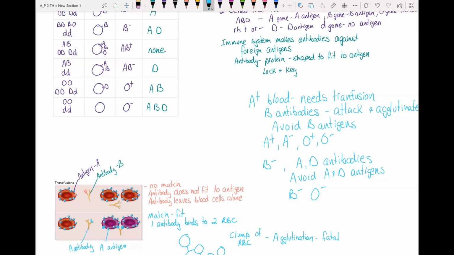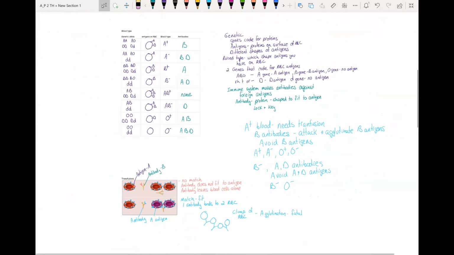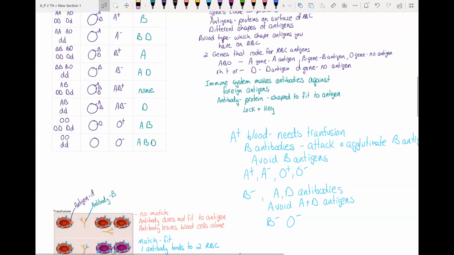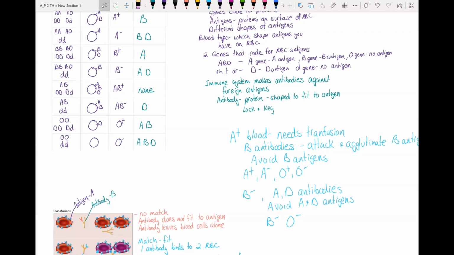Okay, some of you might be thinking about universal donor. You may have heard of that. O negative is the universal donor. You can put it in anybody. Every person can receive O negative blood. The reason for that is they have no antigens. Antibodies bind to antigens.